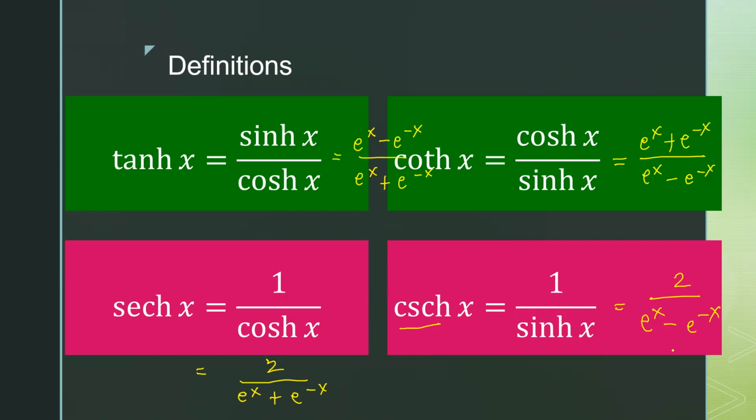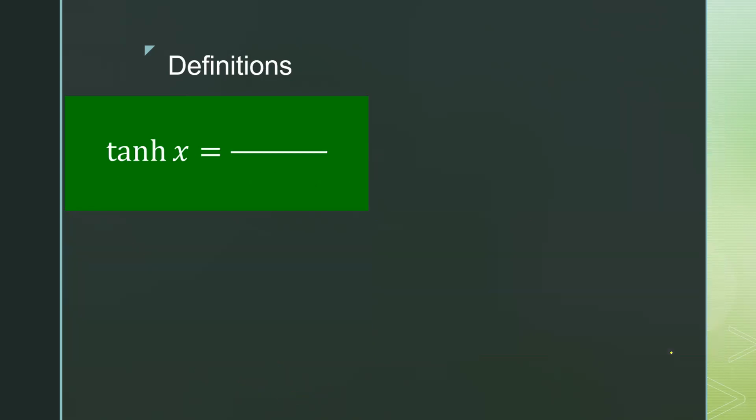Okay? So ayun po, take note also of the following relationships, no? So i-take note natin na tanh x is equal to, again, this is in terms of e to the x minus e to the negative x all over e to the x plus e to the negative x. Ayan. So, recall po natin.